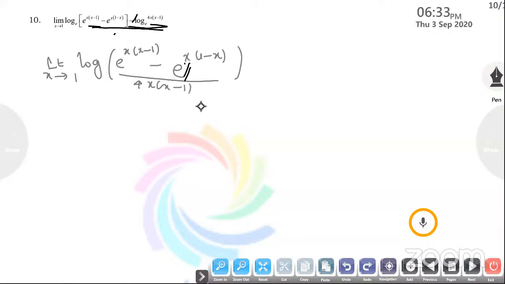All of you know this: log a minus log b is log of a by b. Now come to this part.